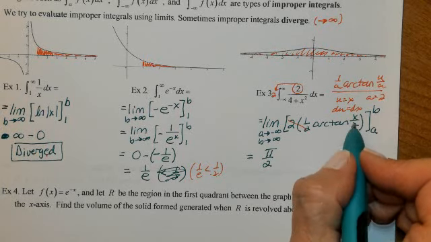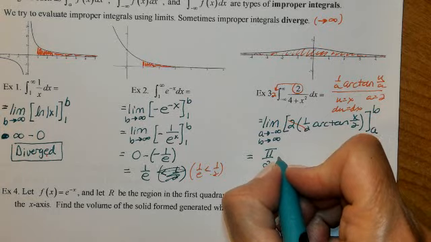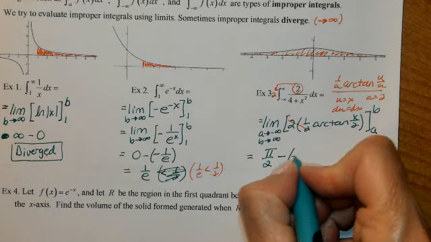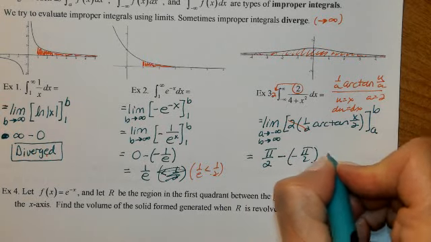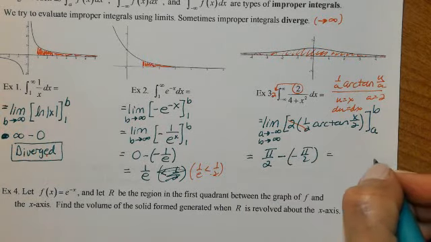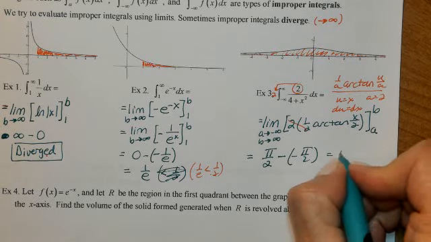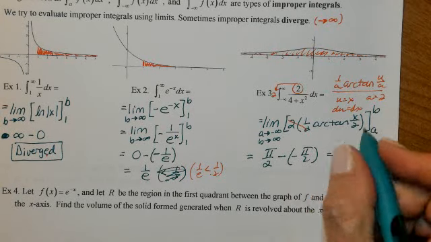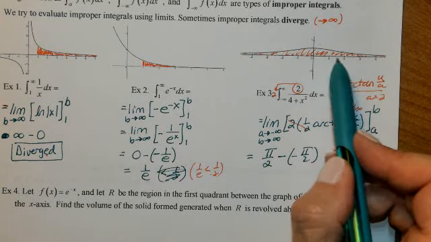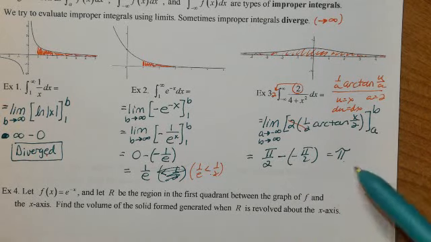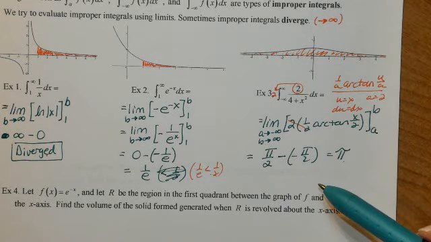That would be a negative pi over 2. So this is pi over 2 minus a negative pi over 2, which is pi over 2 plus pi over 2, which is pi. That area is pi. How nice is that? That is super sweet. Super sweet.